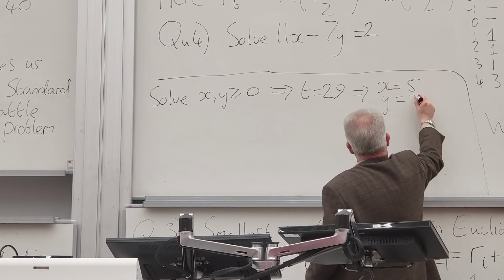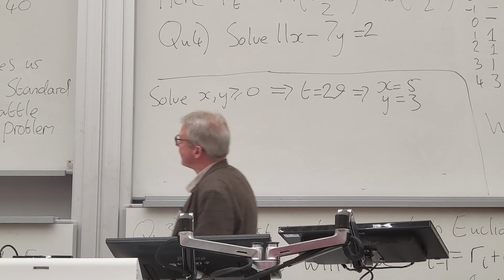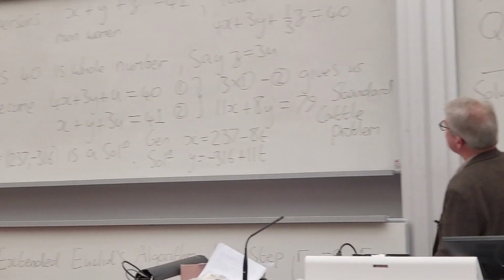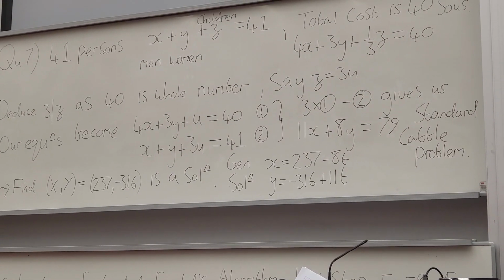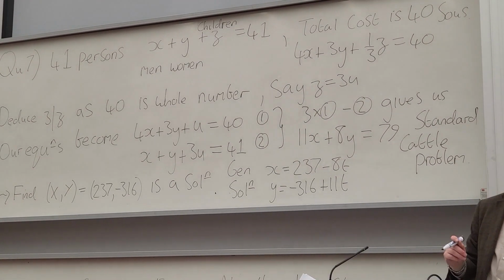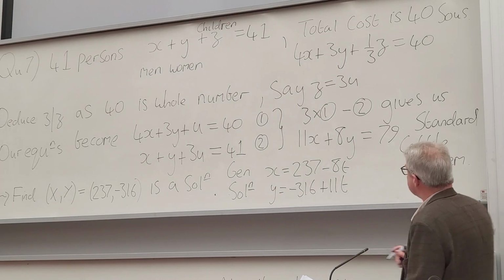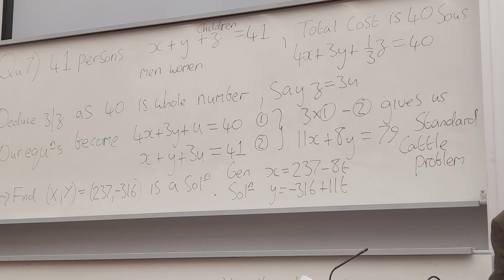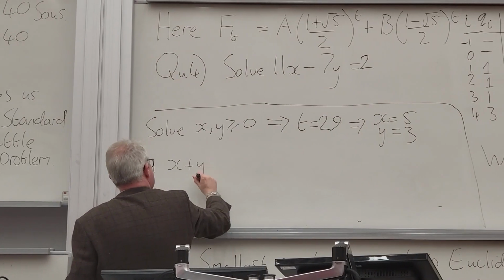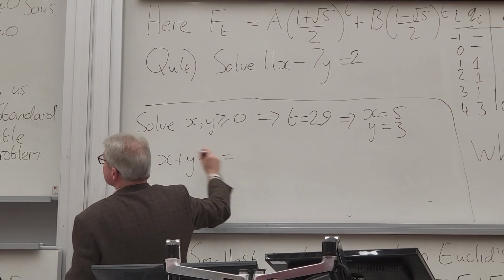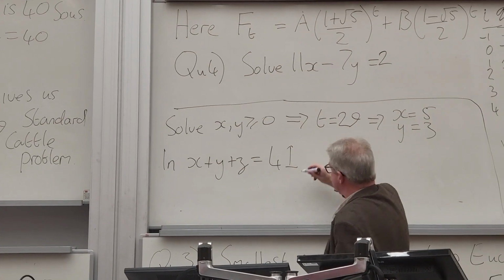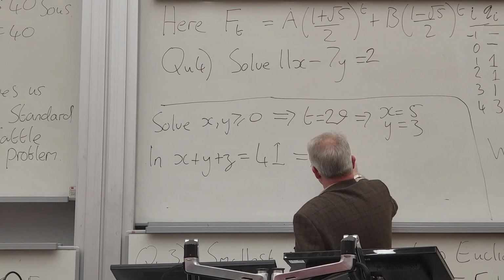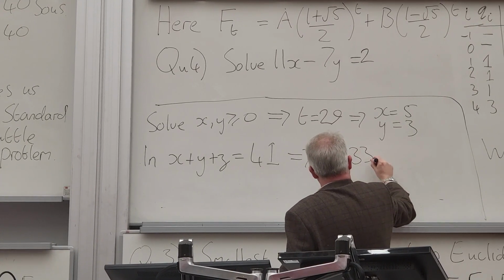So x is 5 and y is 3. That makes z quite big, doesn't it? In x plus y plus z equals 41. So 5 plus 3 is 8, from 41 is 33, implies z equals 33.